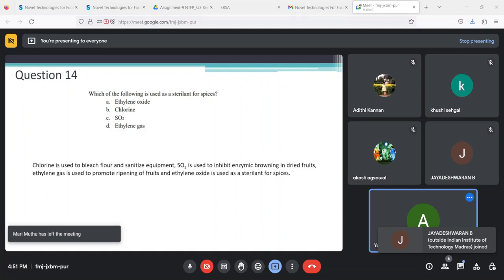We'll start one by one. Chlorine is used to bleach the flour and sanitize the equipment. So chlorine is not used. Chlorine is also a sterilant, but that is not used for spices. And sulfur dioxide we had discussed in one of the previous problem solving sessions. Sulfur dioxide is often added to inhibit enzymic browning in dried fruits. And ethylene gas is the gas that we discussed here.